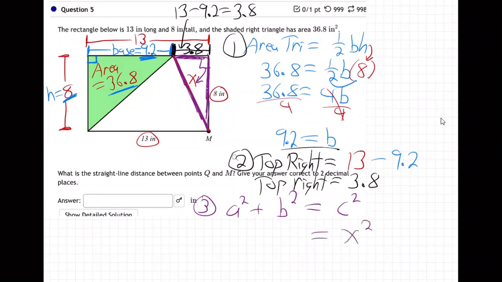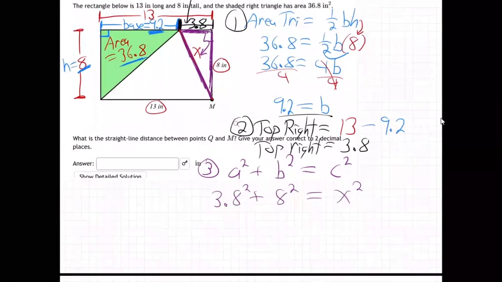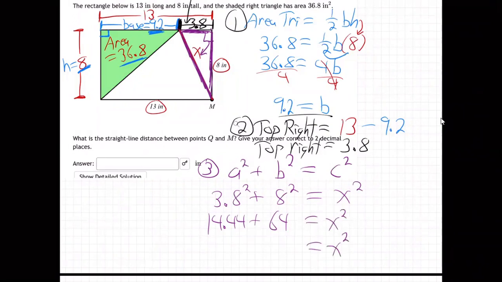So that's x squared. The other two sides are 3.8 squared and 8 squared. Now we can get it. Let's hit the buttons on our calculator. I'm getting 14.44 plus 64 is x squared, and that's 78.44. Square root.